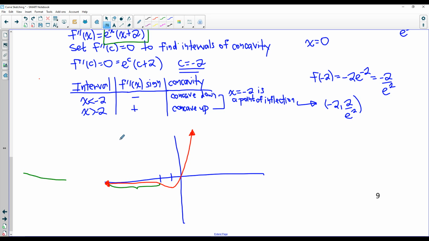It has that frown type shape to it, so that would be concave down. It's hard to draw just because the line right here is so close to the x-axis. Concave down. And then from here all the way to there, that's concave up.